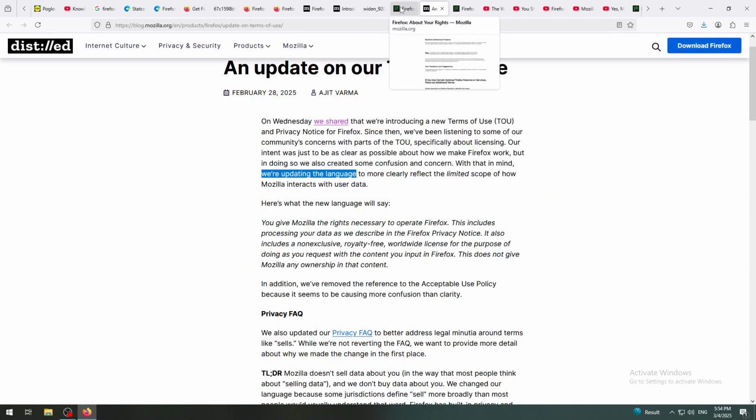No, it's always some kind of confusion, so we understand it, and so it's never their fault. They never admit error. So they're just updating the language. What does that mean, updating the language? You're updating the terms of service. You cannot update the language. Which language are you updating? English, French, German, or what?